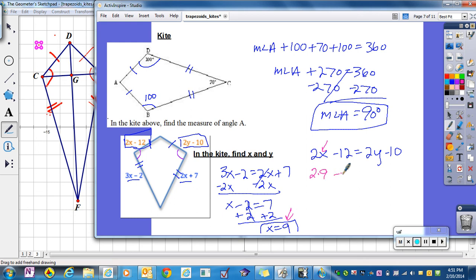So 2 times 9 minus 12 equals 2y minus 10. So 18 minus 12 equals 2y minus 10. So 6 equals 2y minus 10. Add 10 to both sides, and you get 16 equals 2y. So y is equal to 8.